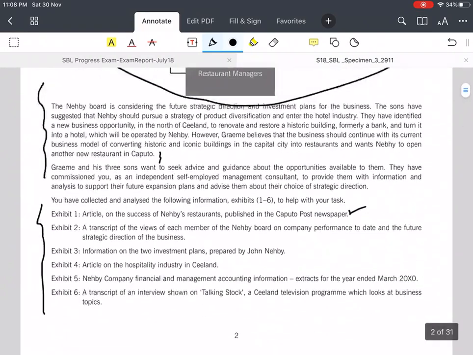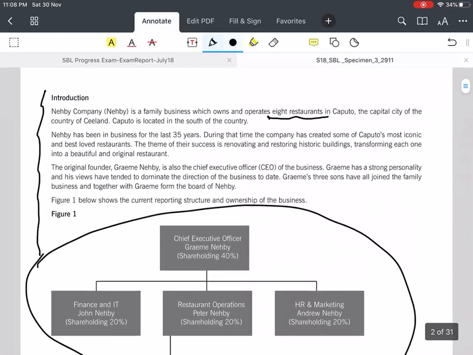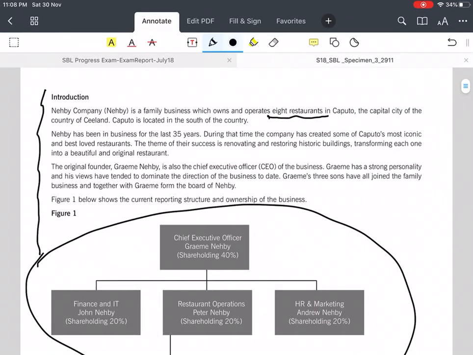Now let's go through the introduction of the business. Nearby company is a family business. It's sometimes very important to know this, as it may help you in the governance part of the question or in pursuing a particular strategic option which looks for expansion.